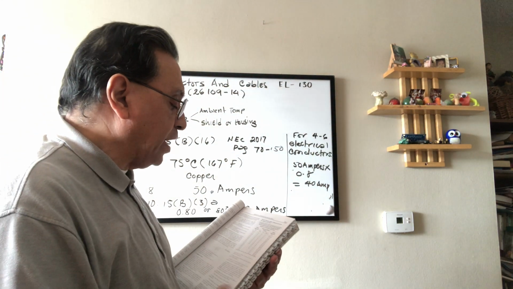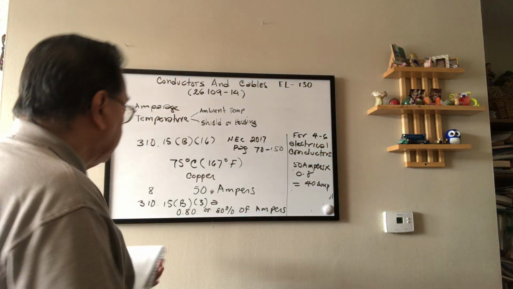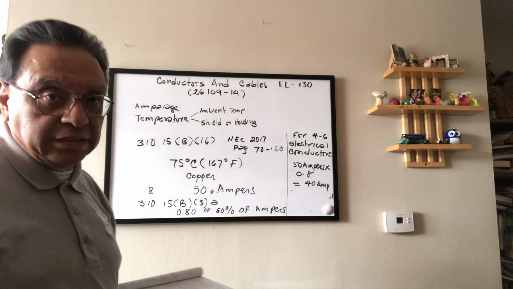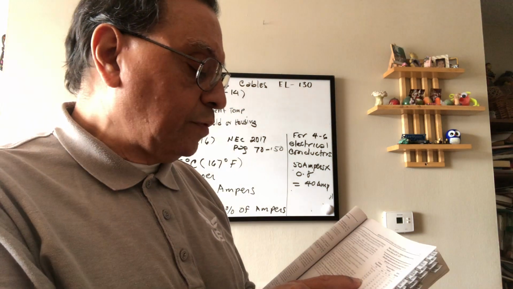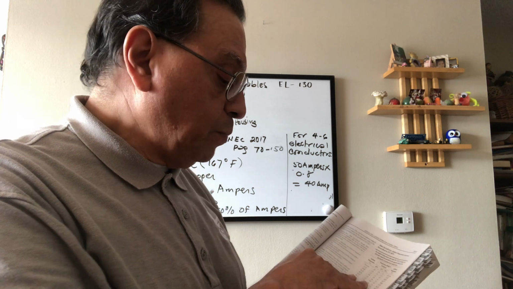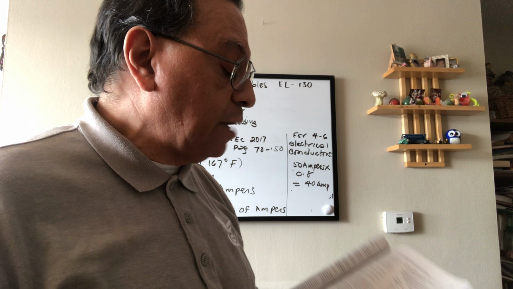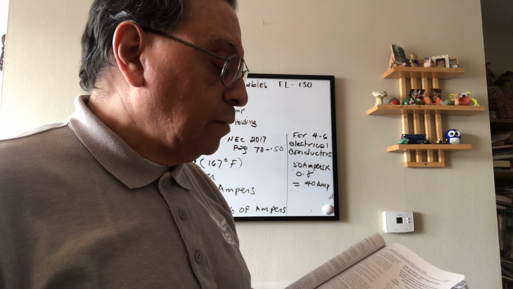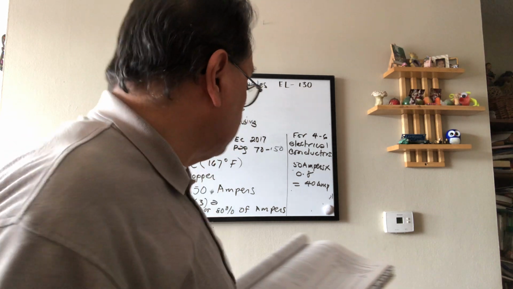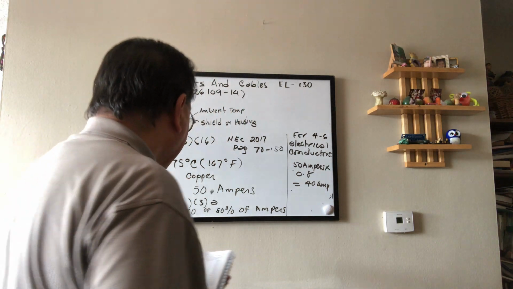Ambient temperature correction factors, because I told you that this is for 30 degrees Celsius. Okay, but if the ambient temperature, instead of 30, is, let's say for example, 40, I need to adjust that temperature and multiply by 0.88 according to the table 310.15(B)(2)(a).